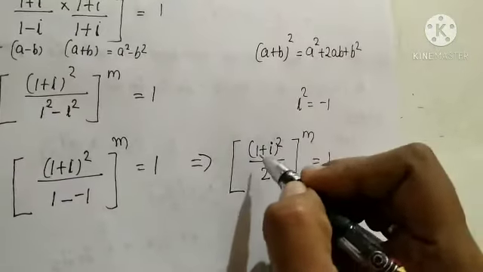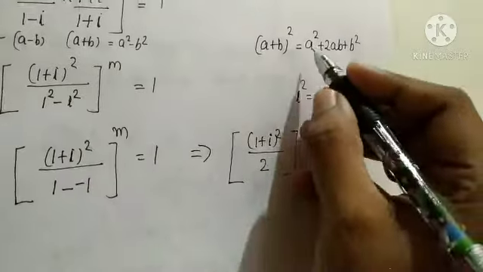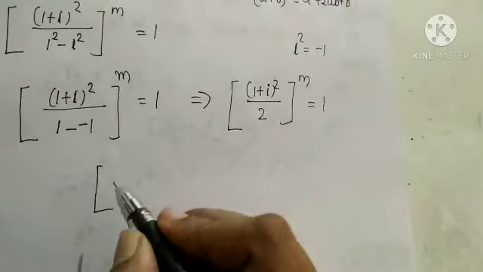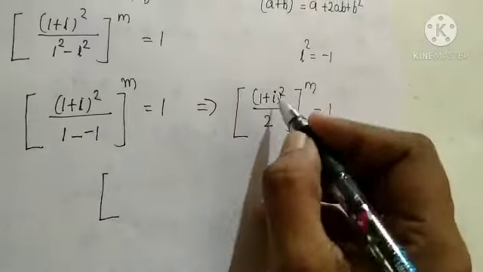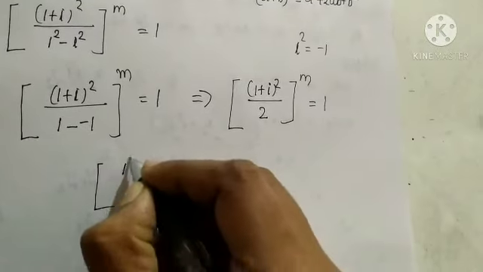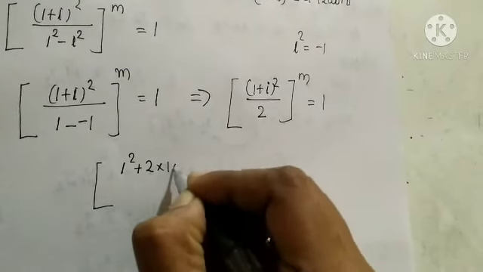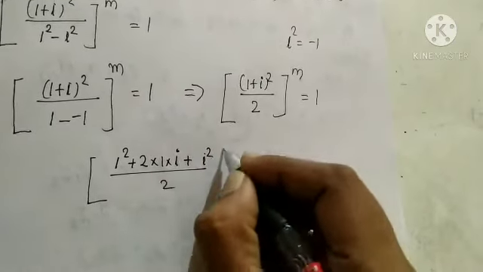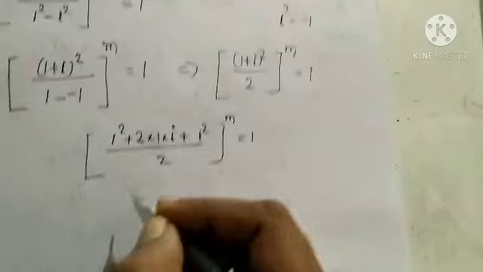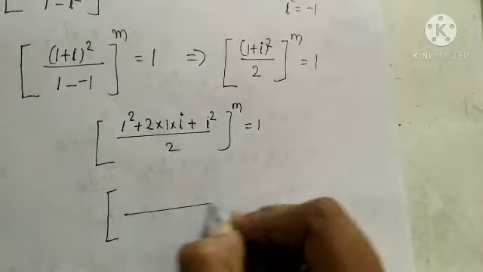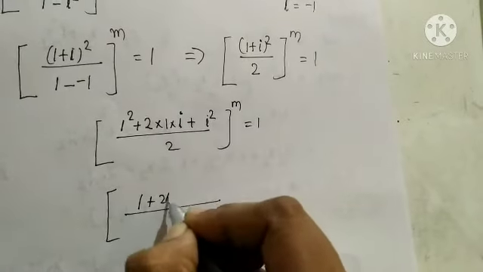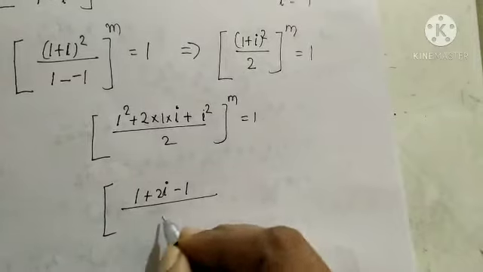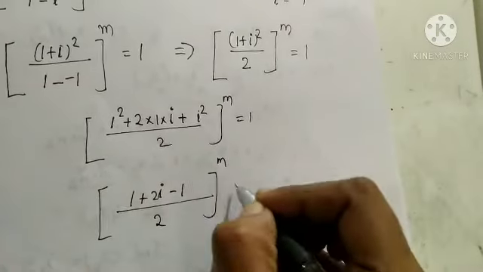Replacing a by 1 and b by i using this formula, the next step will be our numerator becomes 1 square plus 2 into 1 into i plus i square, whole divided by 2, whole raised to m equal to 1. The numerator is 1 plus 2i plus i square, the value of which is minus 1, by 2, whole raised to m equal to 1.